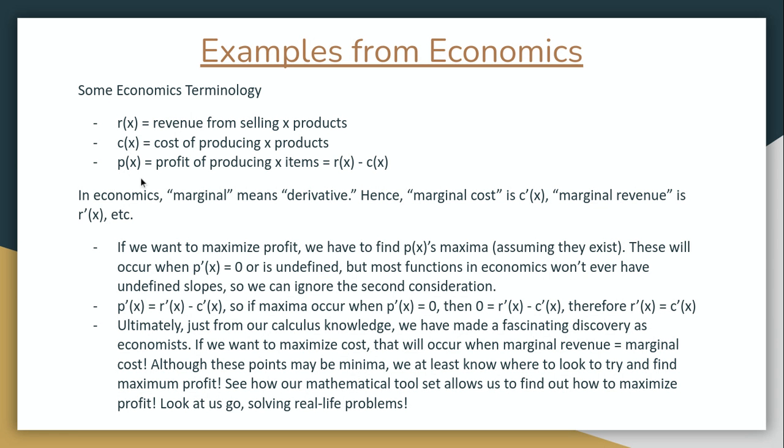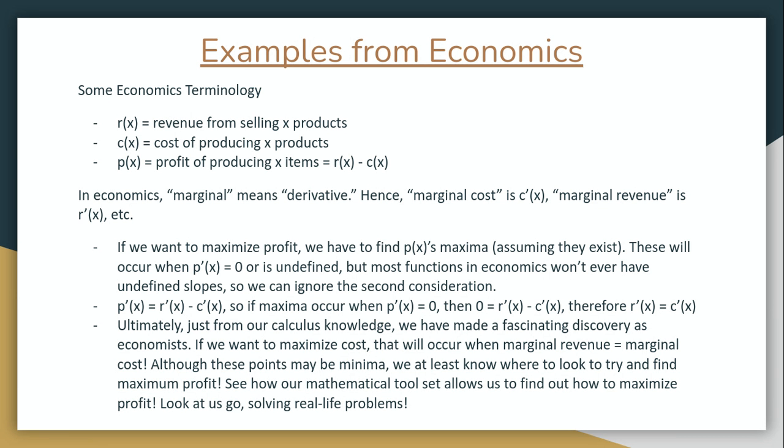So then the derivative of P of x equals the derivative of R of x minus the derivative of C of x from our derivative rules. It's just the difference rule. Profit equals revenue minus cost, so the derivative of profit equals the derivative of revenue minus the derivative of cost. Does that make sense?